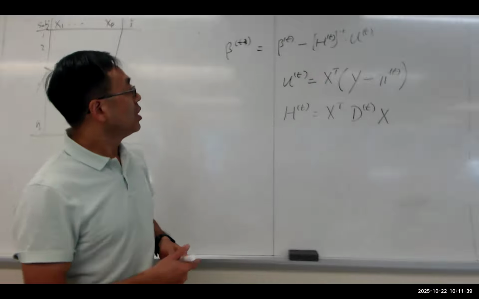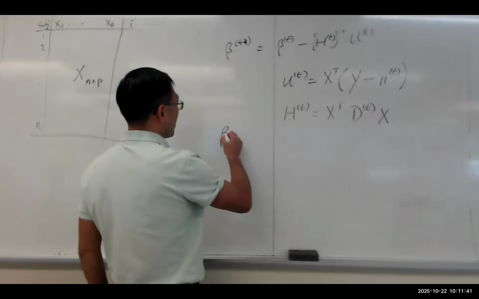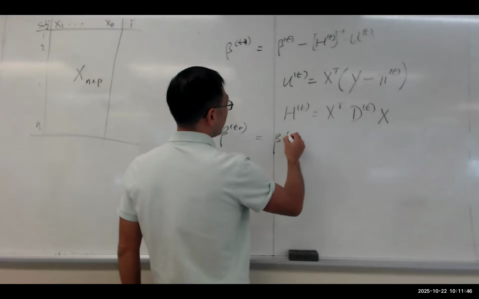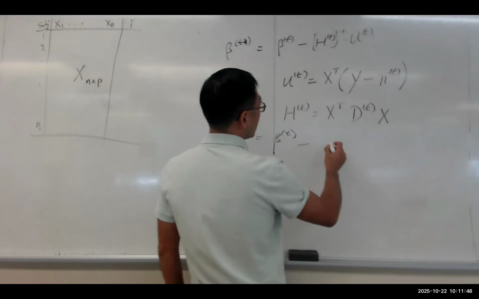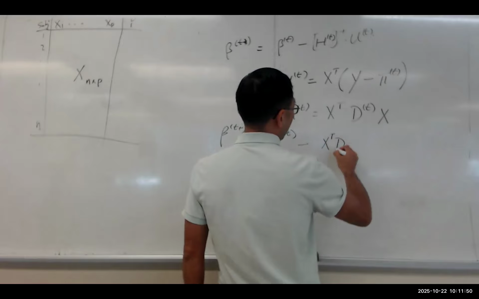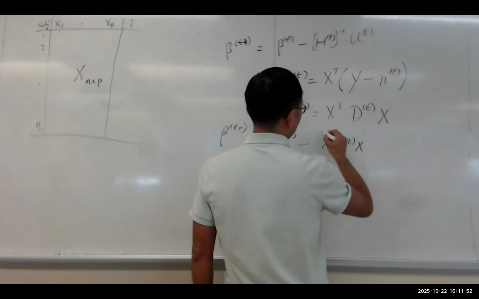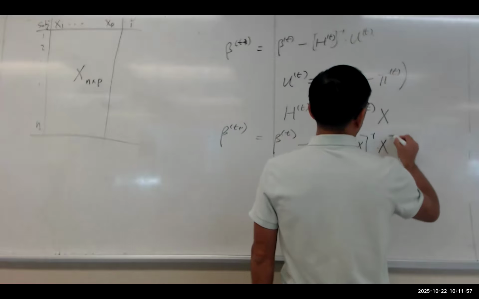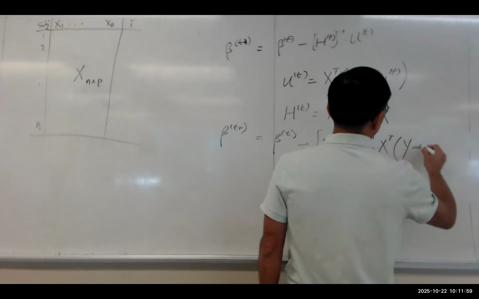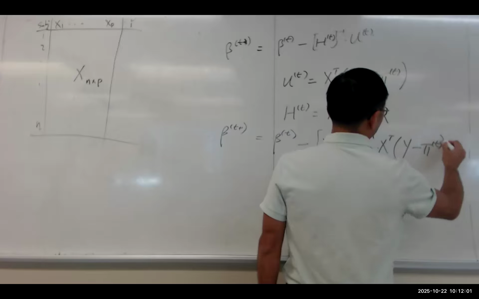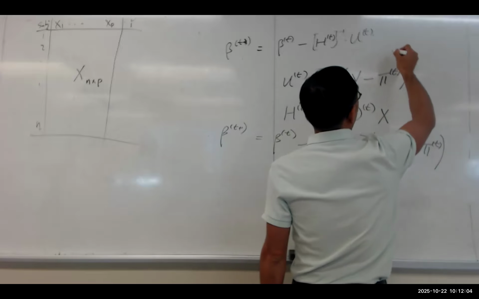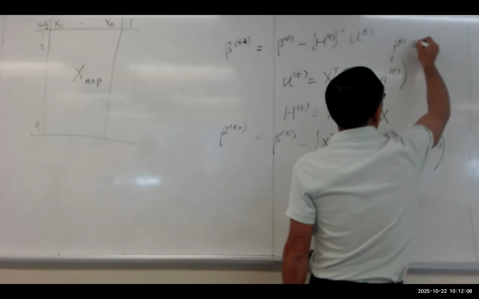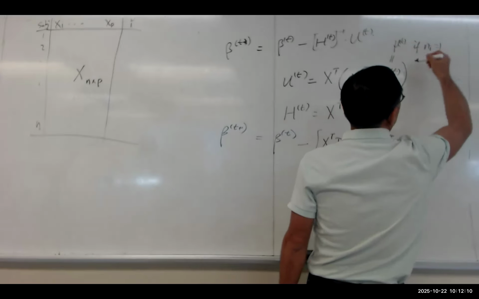If you plug everything in, beta_{t+1} will be equal to beta_t minus (X transpose D_t X) inverse times X transpose (y minus pi_t). Again, pi_t is equal to mu_t if n_i is equal to 1.